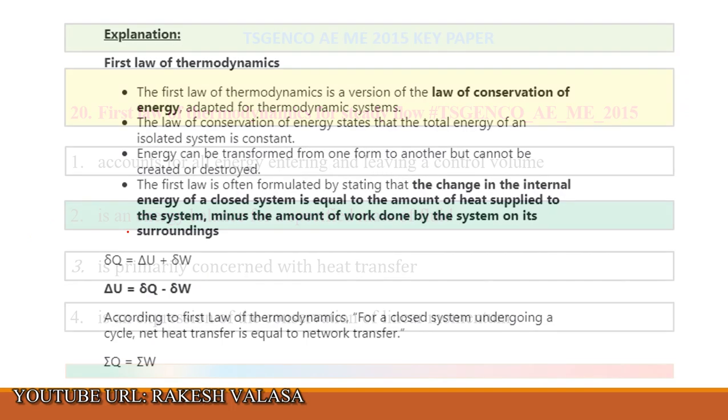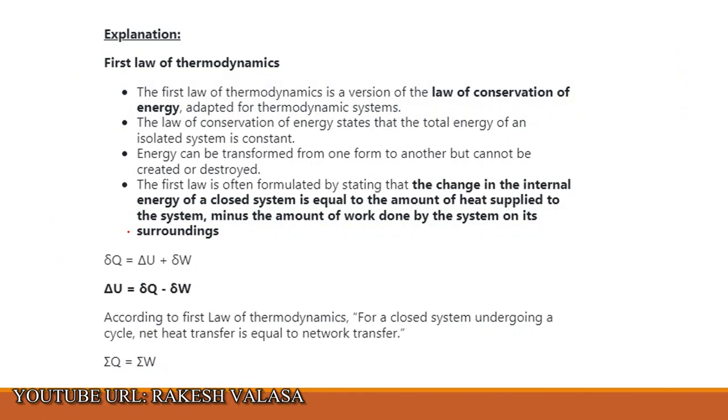Let us see the explanation. We know the first law of thermodynamics. The first law of thermodynamics is a version of the law of conservation of energy adapted for thermodynamic systems. The law of conservation of energy states that total energy of an isolated system is constant. Energy can be transformed from one form to another but cannot be created or destroyed.